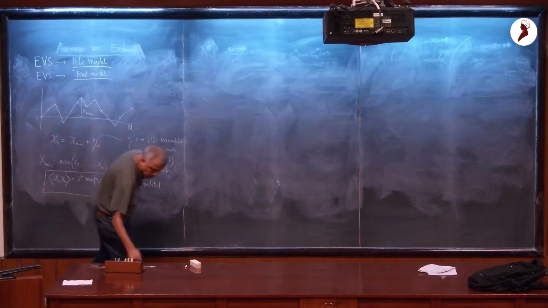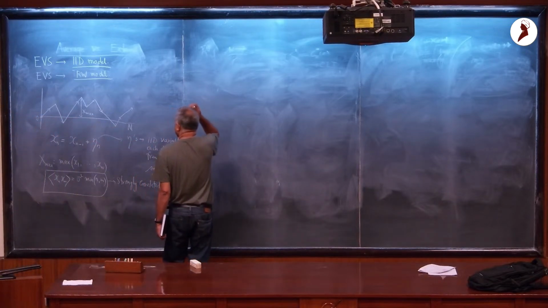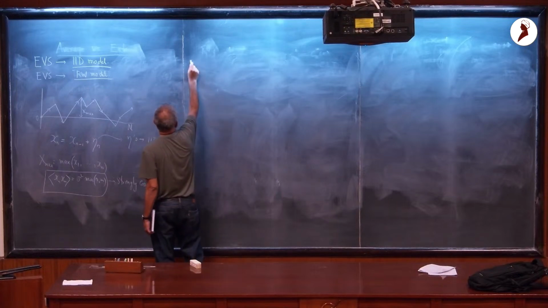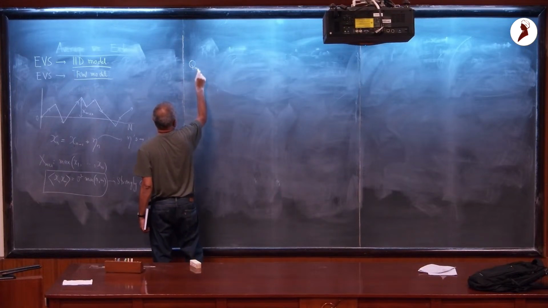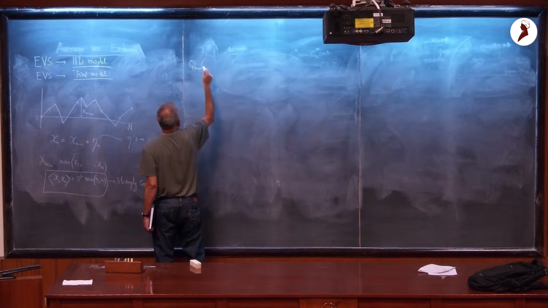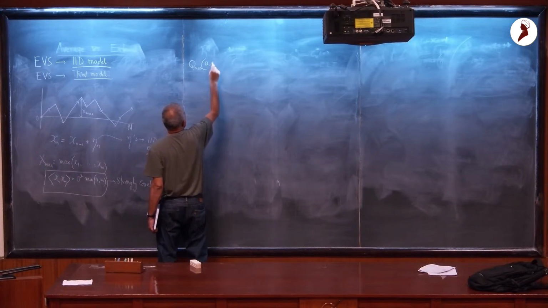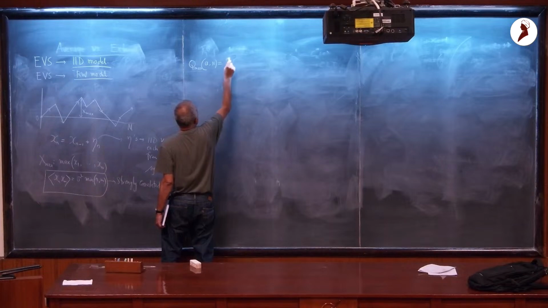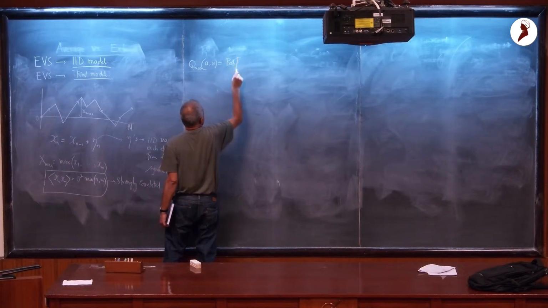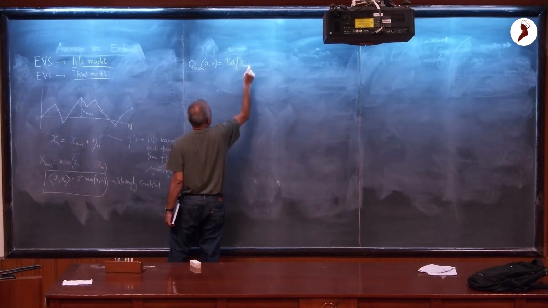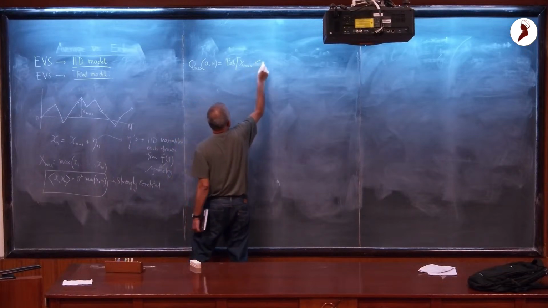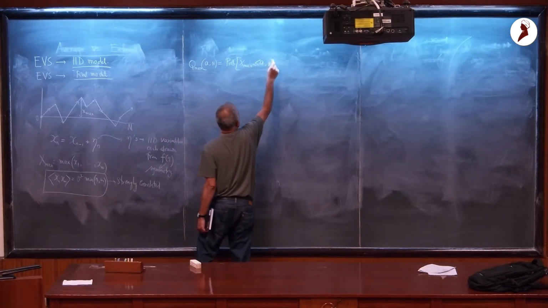As in the IID case, the most convenient thing is always to look at the cumulative distribution. I won't call it x because I want to keep x as my running variable, so let's call it a. This is the probability that x max is less than or equal to a up to n steps.